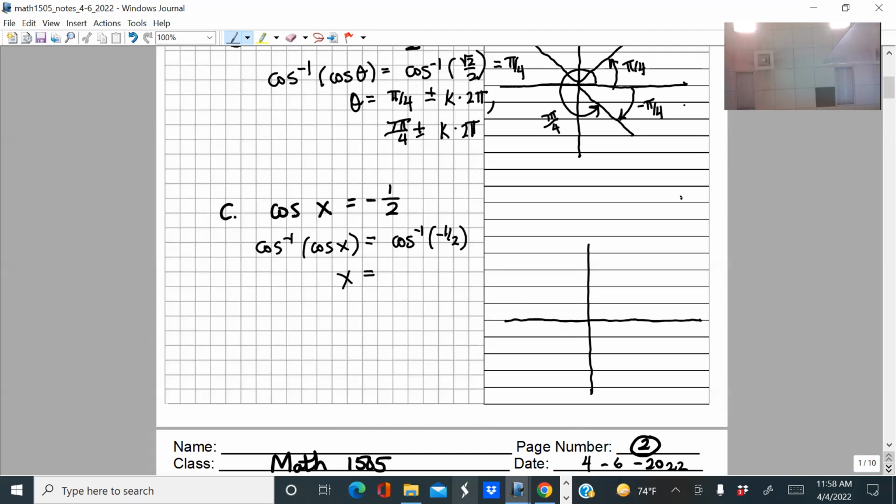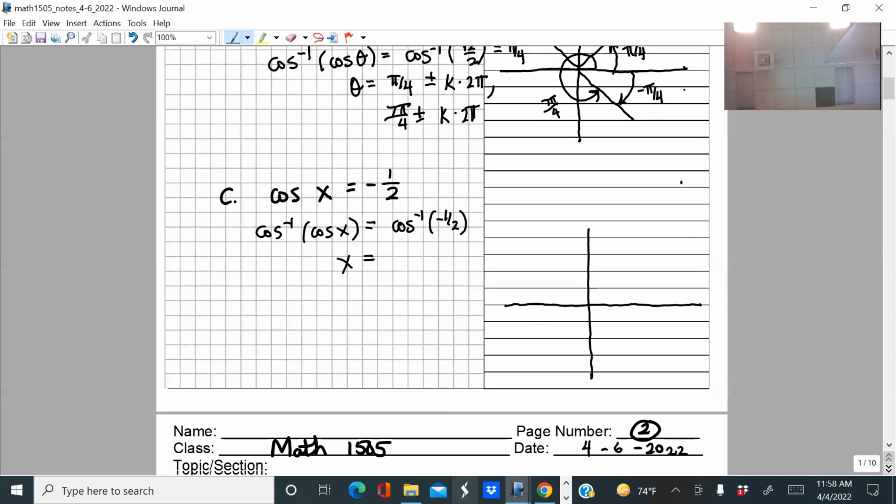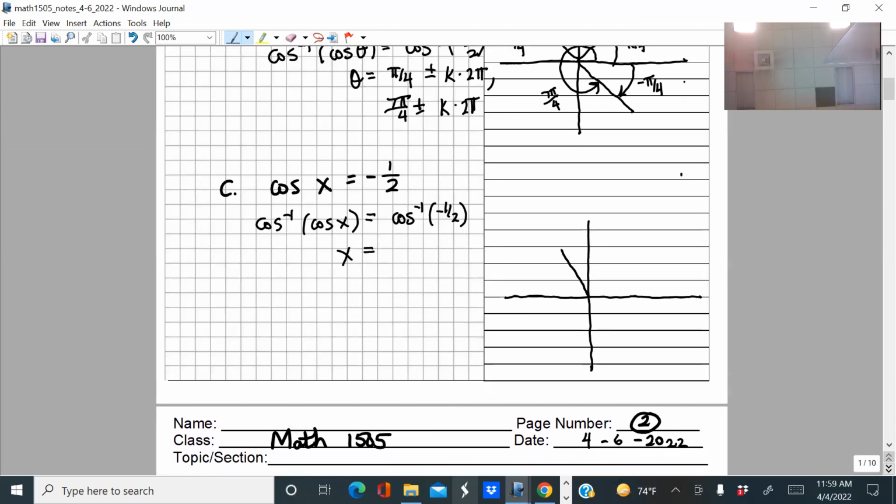So where in the second quadrant do I have cosine 1/2? What angle has cosine 1/2? Yeah, the reference angle is pi over 3, right? So you would be at 2 pi over 3, correct?